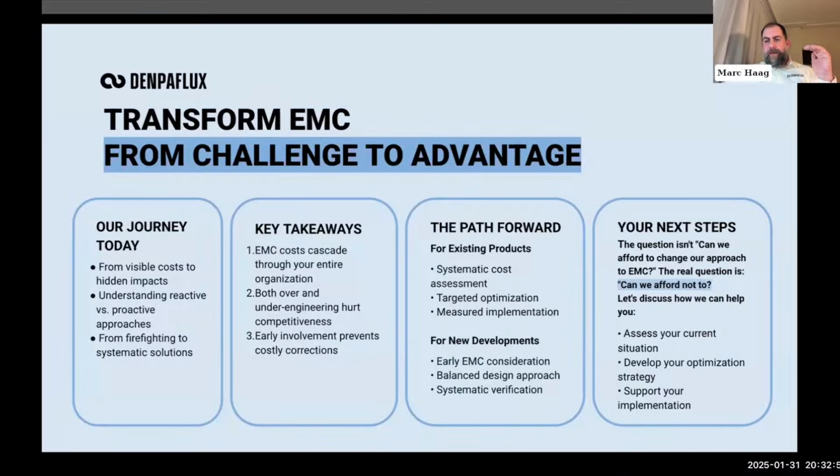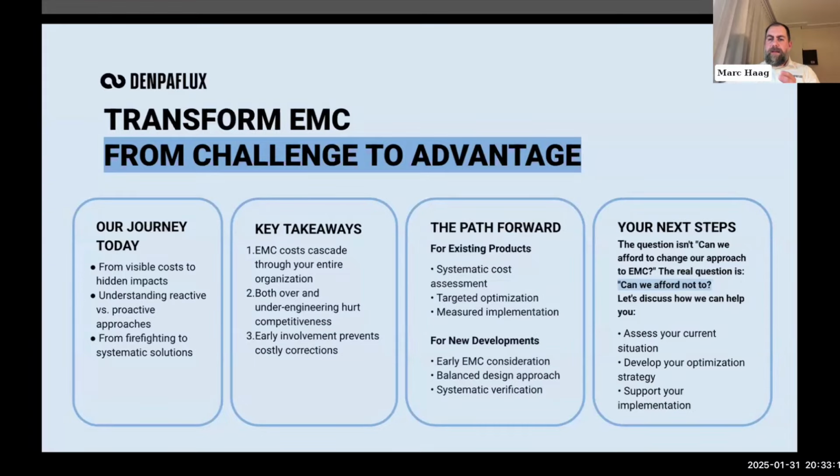But we were talking about visible cost, invisible cost. We were talking about reactive and proactive approaches, and how you can get away from this firefighting into a more systematic solution.